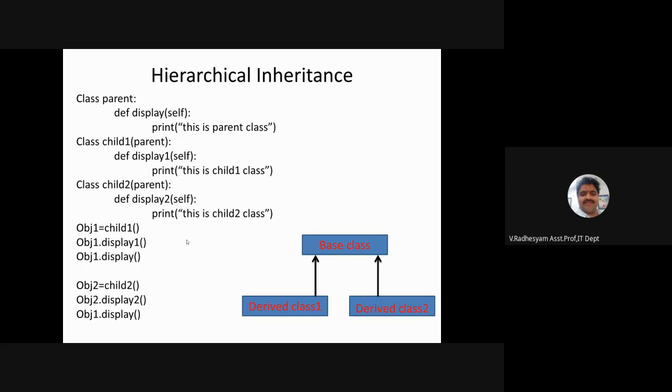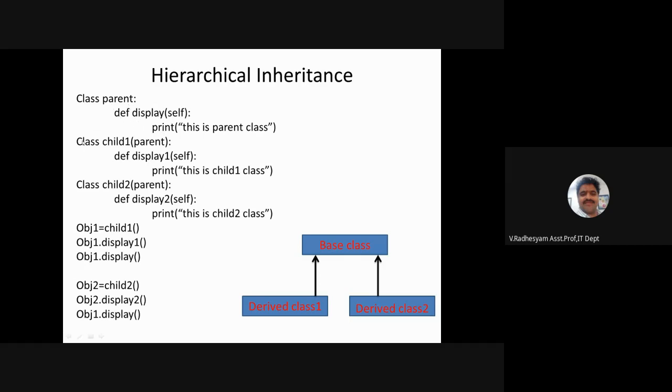Now, another example is hierarchical inheritance. What hierarchical inheritance says is that a parent can have two children. So you clearly observe here there is a class called parent, with one function inside it.